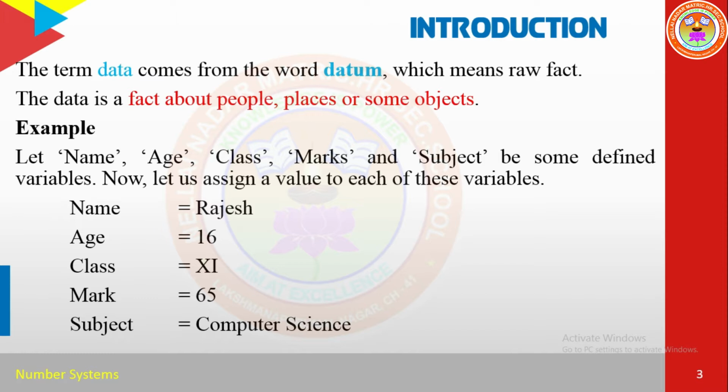We already discussed this in the previous chapters, in the components of computer. One of those units is known as the memory unit, which stores the data inside the memory part.